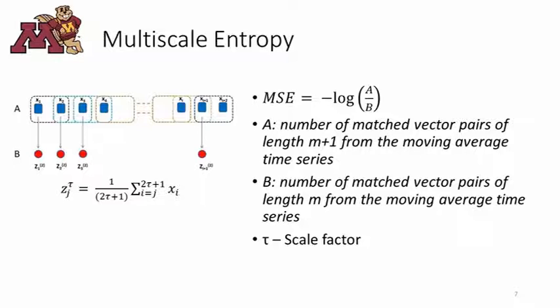It is used in various biosignal processing applications. First, a moving average signal is obtained using the scale factor tau, using the equation shown to your left. Then, the template matches are obtained at mth and the m plus 1th dimension. Finally, a negative logarithm of the template matches is taken to obtain the MSE value.